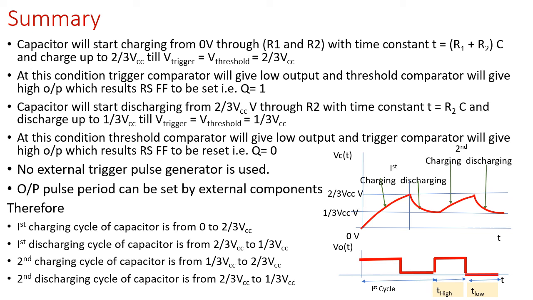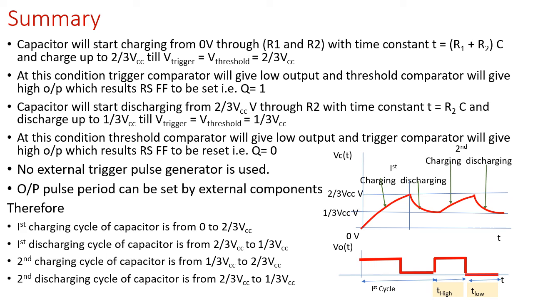In the discharging time, the capacitor will start discharging from 2/3 VCC through R2, in time T equal to R2 into C, and this discharging will take place until it reaches 1/3 VCC. In this condition, the threshold comparator will give low output and the trigger comparator will give high output, which resets the RS flip-flop, that is, Q will be 0.